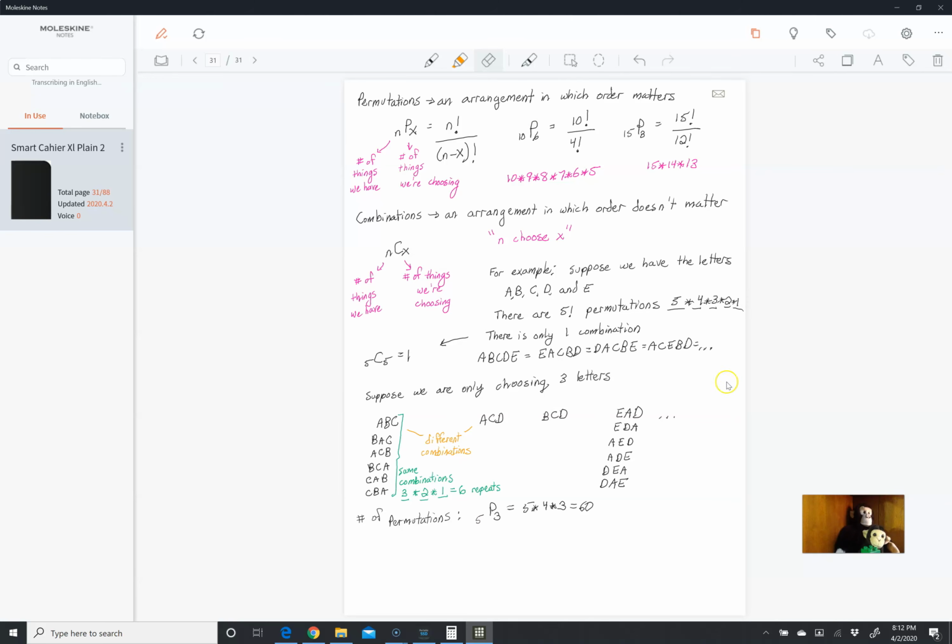So for every permutation, there are 6 repeats. And we have to get rid of these.